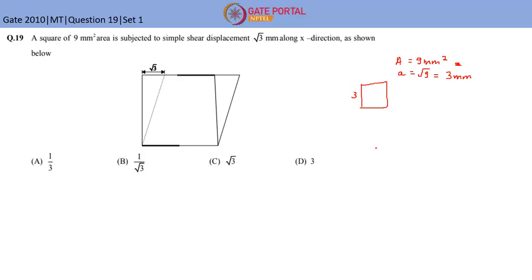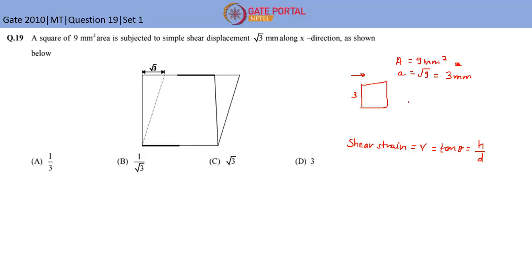So the shear strain is given by gamma, which is equal to tan theta, which is equal to h by d. What is h and what is d, I will just tell you. Let's say this is one square. Now we will apply shear to this.